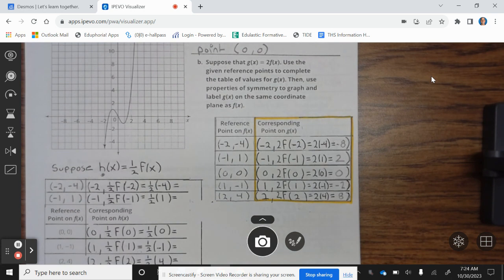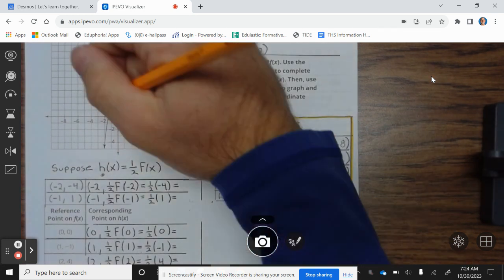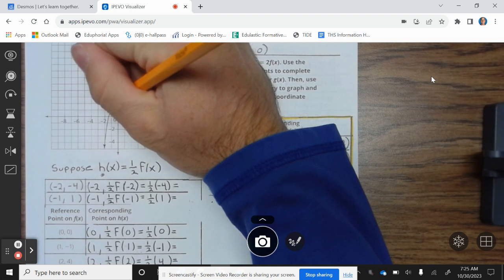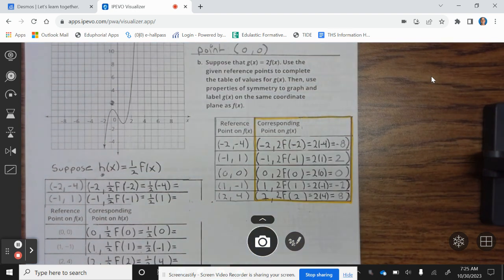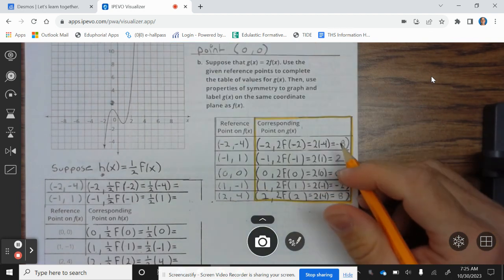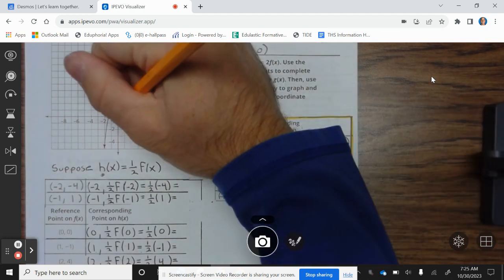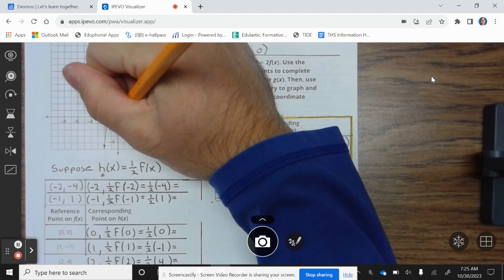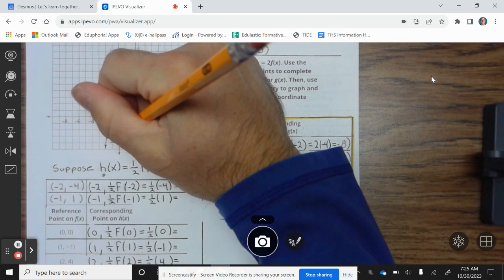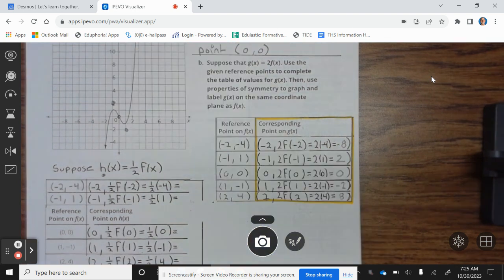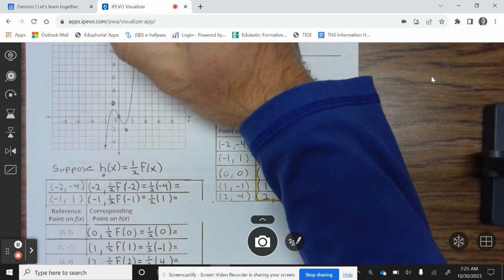Okay, -1, 2 is here. 0, 0 is right here. 1, -2 is here. And 2, 8 is here.